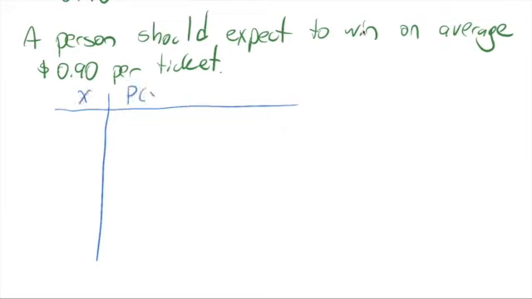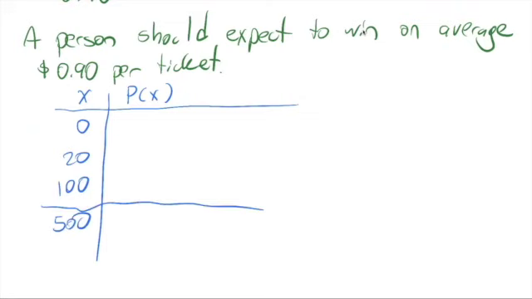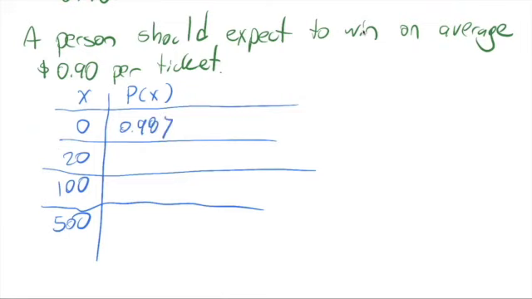And so if we want to calculate the variance, here's a nice useful tool for this. So we had 0, 20, 100, and 500, and that was the probability distribution that we found.